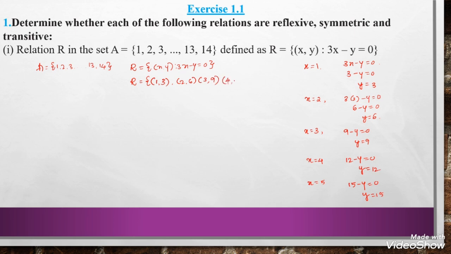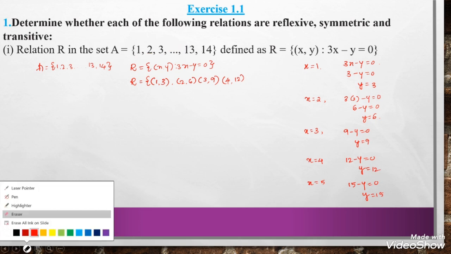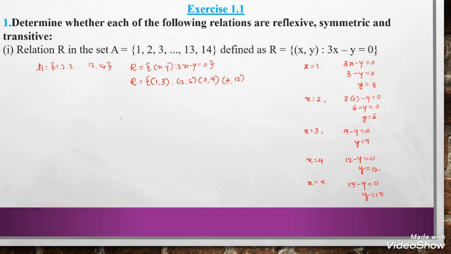X is equal to 4, then it is 12. We do not consider x equal to 5, because then y becomes 15, and 15 is not present in the given set. That's why we do not consider the ordered pair (5, 15). Here there are only 4 ordered pairs for the given relation.